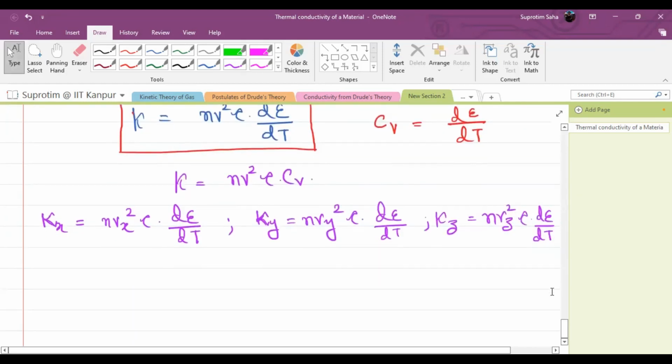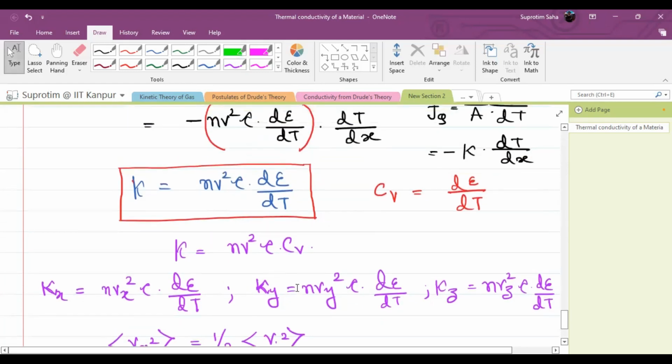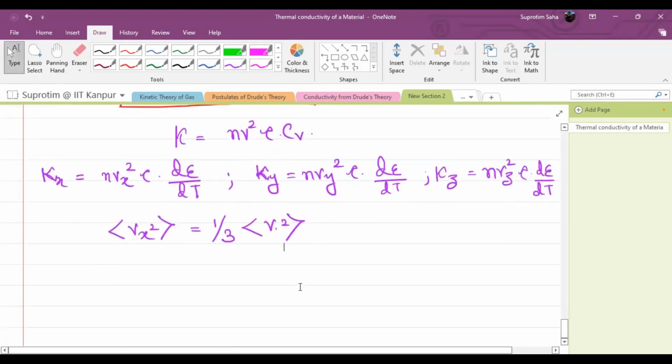Now, for an isotropic sample, there's no reason to believe that what's happening in the x direction should be very much different from that in the y or z direction. So combining this, from kinetic theory we also derived that the mean average velocity in the x direction is roughly equal to 1/3 of the total velocity. Square of the velocity, of course, let me correct myself. So this is 1/3 of the total mean average squared velocity.